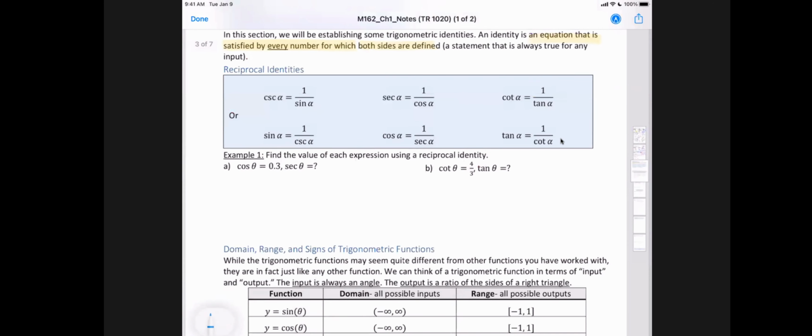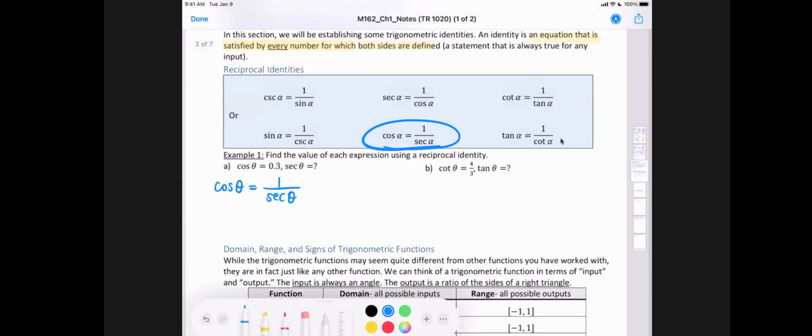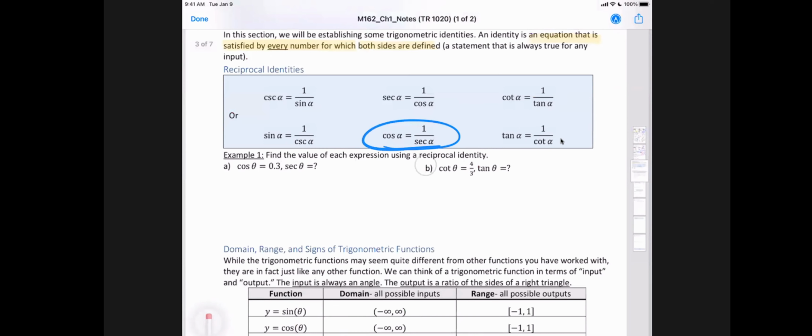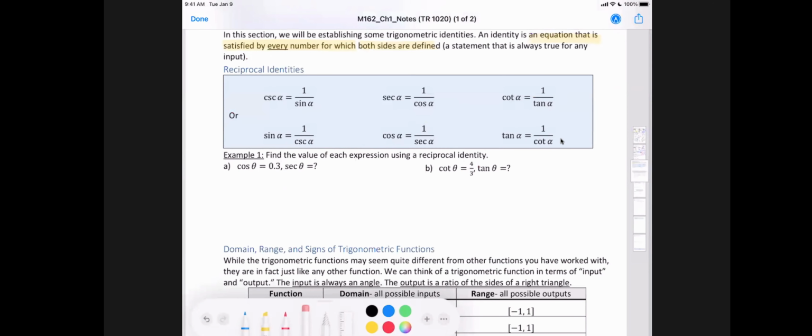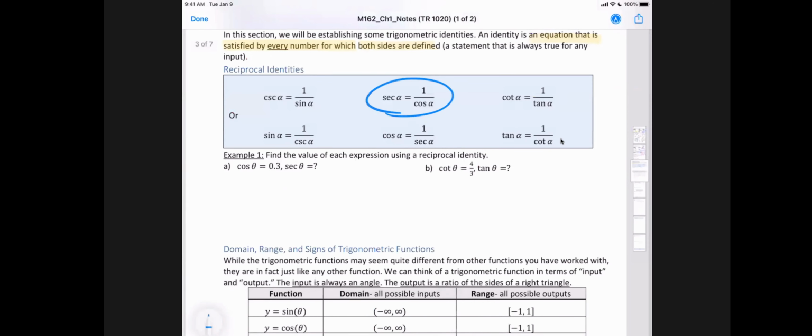So using the identity, I'll circle the identity that I'm using. Oh, wait a minute. Let's use the other one, sorry. This one, because we're trying to find the secant knowing the cosine.